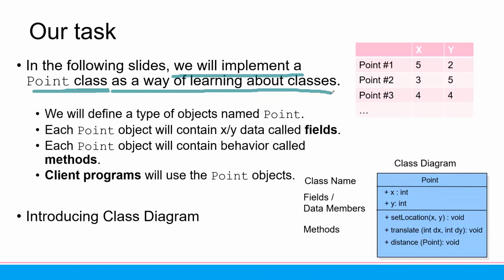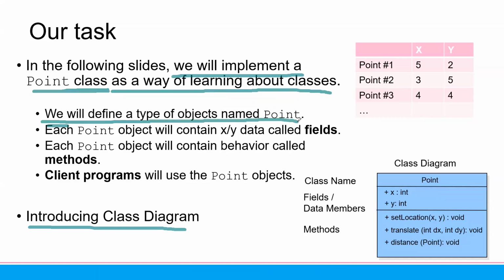Now, what I want to mention here is I want to introduce one diagram. We call it a class diagram. In this point, I have two variables. Maybe I will start with this one. We will define a type of objects.